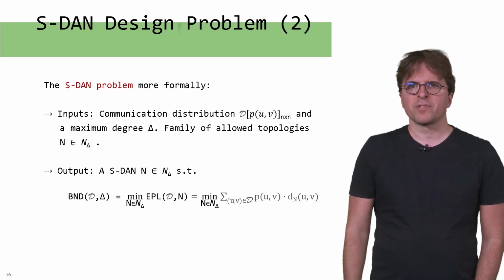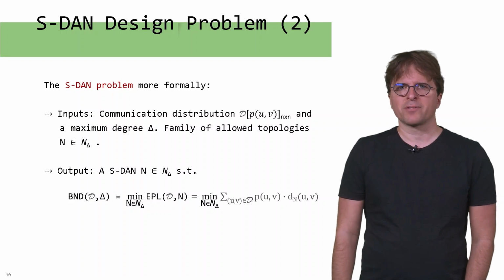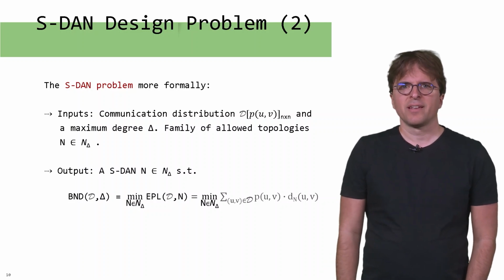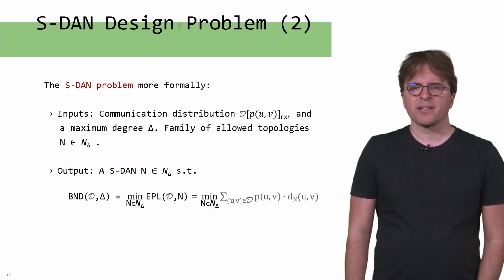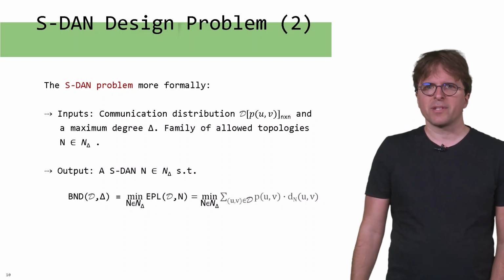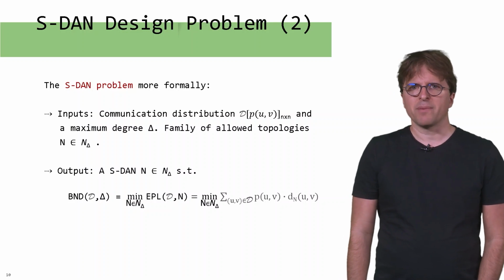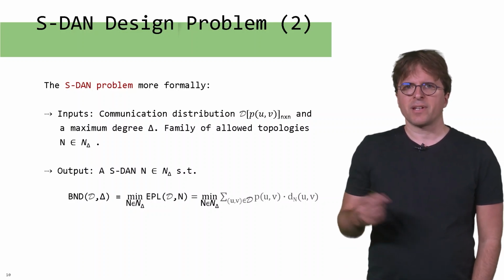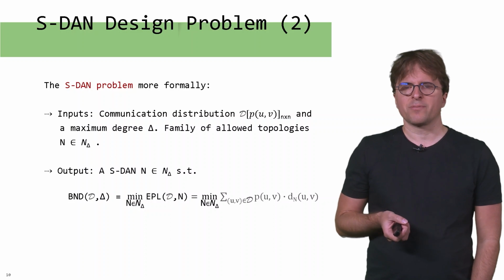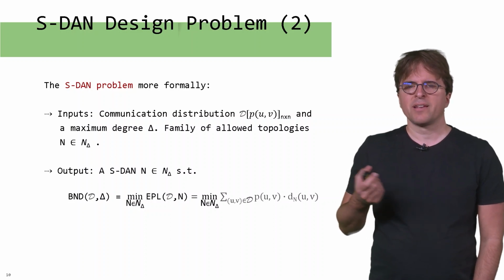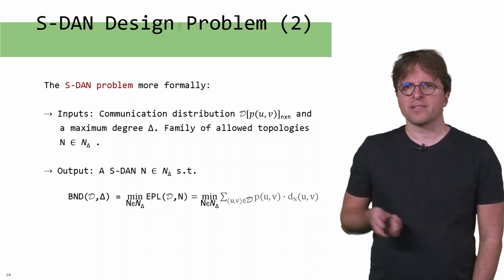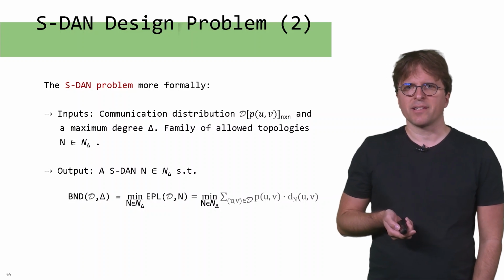So we want to choose the topology from that family of topologies N_delta. And the output is a static demand-aware network N from this family, so that the expected path length is minimized. So we want to choose a network N from this set of possible topologies that minimizes the sum of the weighted distance in this designed network N.